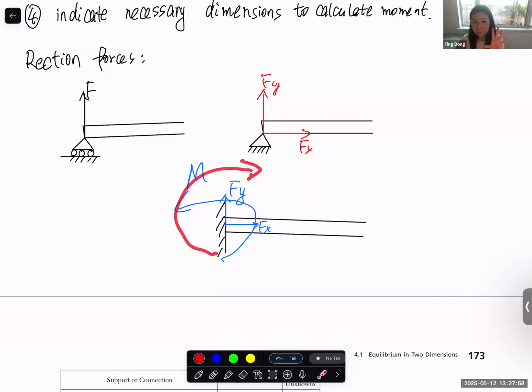So the moment can follow the coordinates: a positive x, positive y, and a positive rotation. But you can also put it in another way. Depending on the number you get at the very end, combined with the initial direction, you can identify the actual direction of the moment and force.